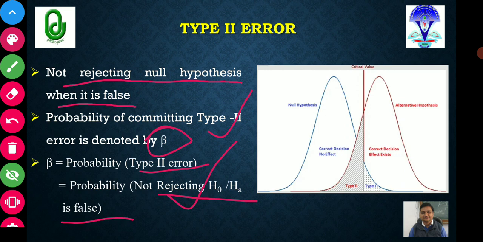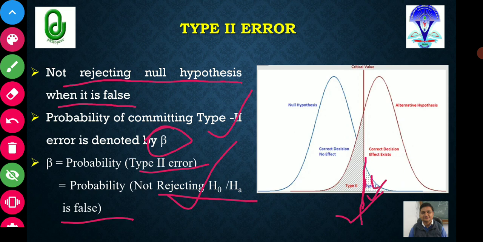Here you can see this type 1 error. If you are considering it as a one-tail hypothesis testing, you can see this type 1 error is equivalent to the level of significance. That is the maximum probability of committing type 1 error.